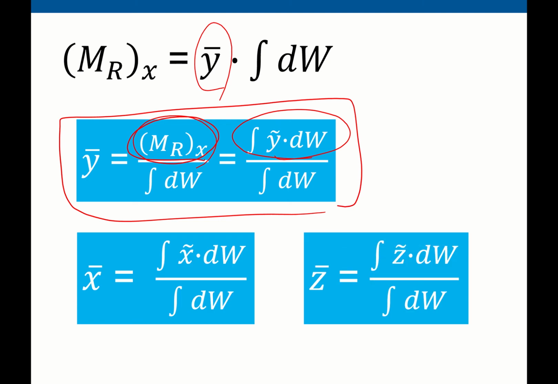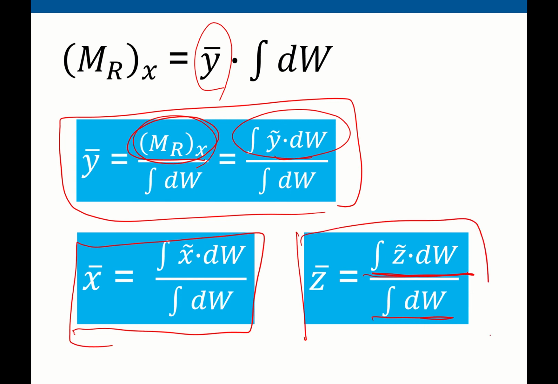How about the x bar? Same thing. X bar is integral x tilde times dw over integral dw. How about the z bar? Z bar is equal to integral z tilde times dw over integral dw. So we can calculate the moment about the y-axis, x-axis, and z-axis, and you will end up finding these equations.